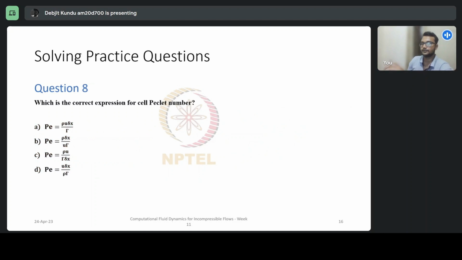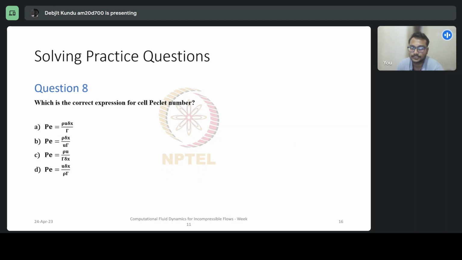We will move on to question number 8 of today's session, which is asking us which is the correct expression for Peclet number. Is it option A, Peclet number equal to rho u delta x over gamma? Option B, rho delta x over u gamma? Option C, rho u by gamma delta x?